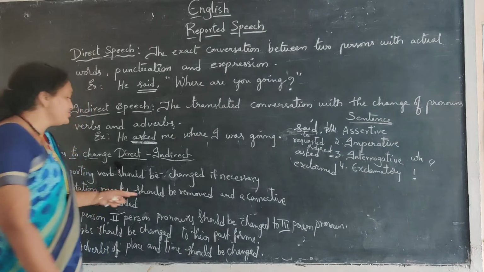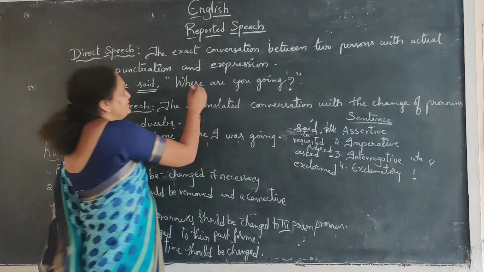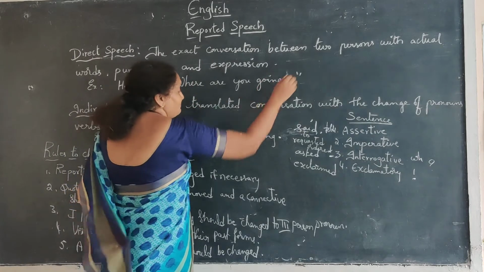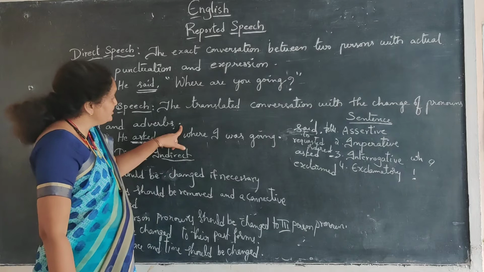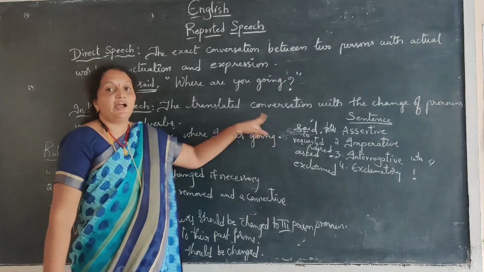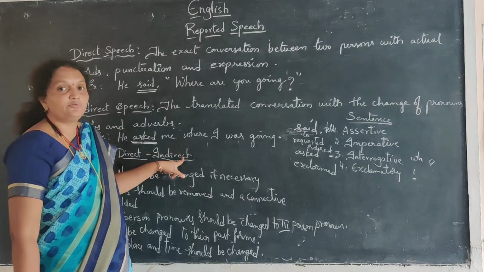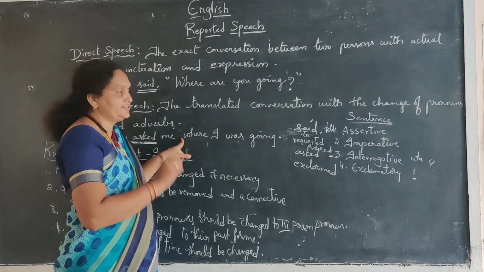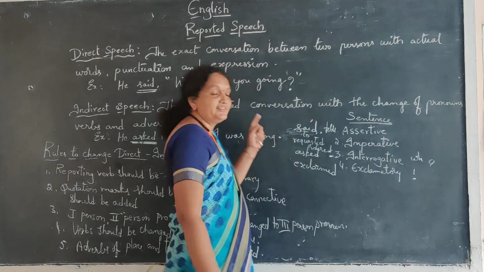Next one, quotation marks should be removed and a connective should be added. See that here we used quotation marks, but here I did not use the quotation marks. We should remove the quotation marks and the comma, and in their place we have to add a connective. What is a connective? First, how do we identify the sentence type?